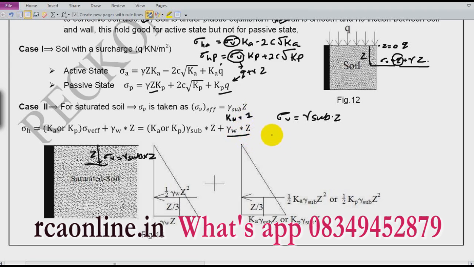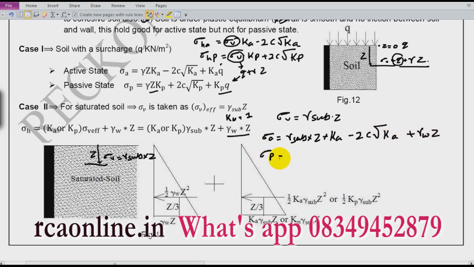So let us take the active state. For the active state, it will be gamma submerged into z into Ka minus 2c root of Ka, plus gamma W into z.